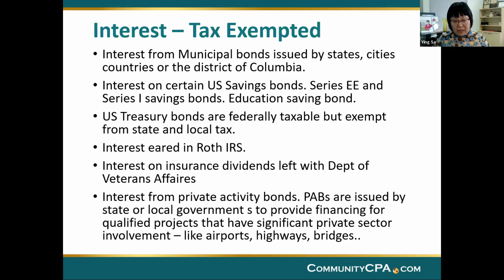When they pay you back, the interest you got is exempt from tax. So it's exempt from federal taxes, and the state is tax-free as well. But you still need to include that on your tax return.